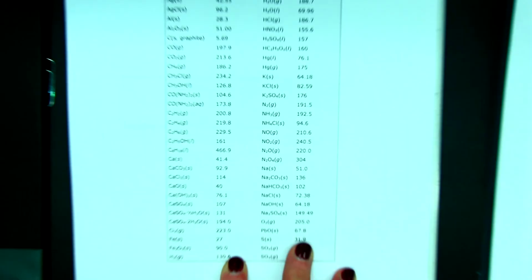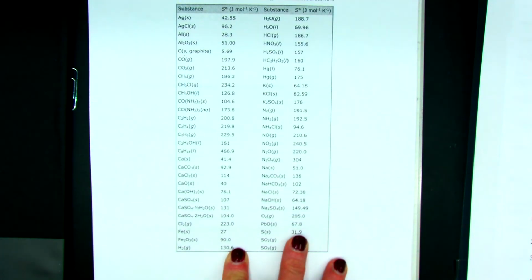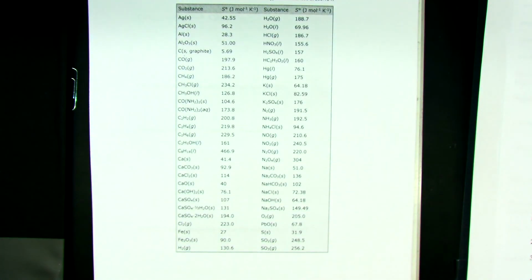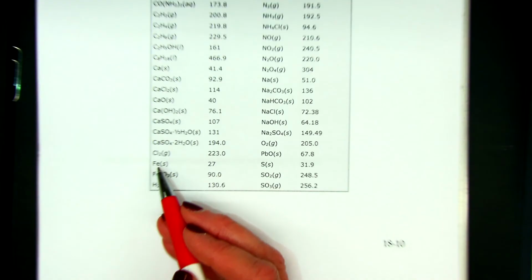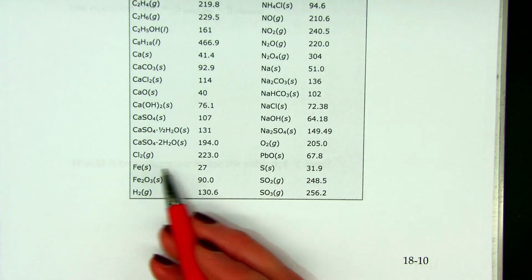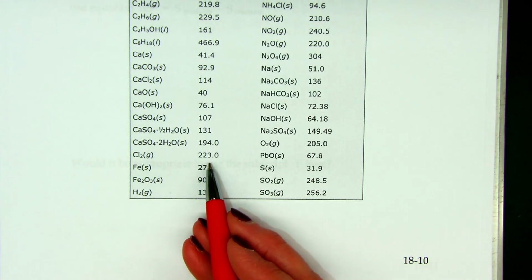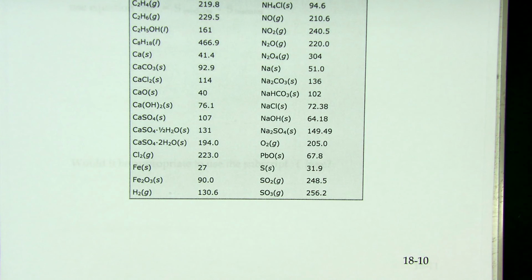So when you look at this, what you might notice is that there are a few elements listed on here. If you look down near the bottom where it says chlorine, I know you can't read it on my copy, this is 223 joules per mole Kelvin. Remember, the enthalpies of formation were 0 for elements, because how much energy does it take to make an element in its natural state from its element in its natural state?